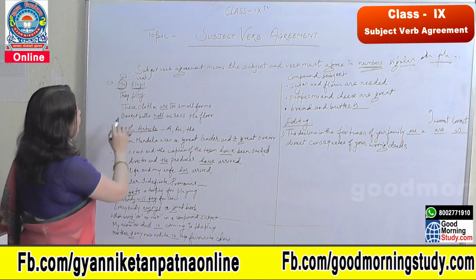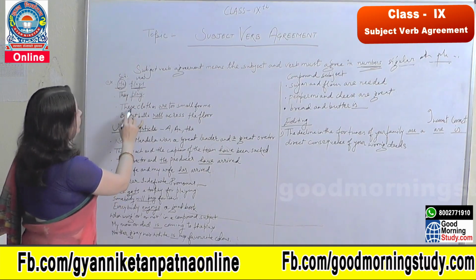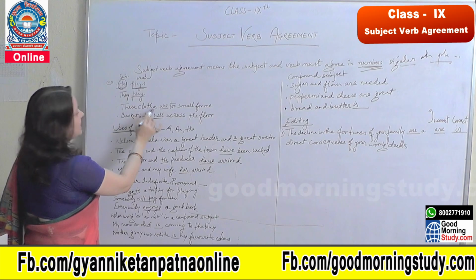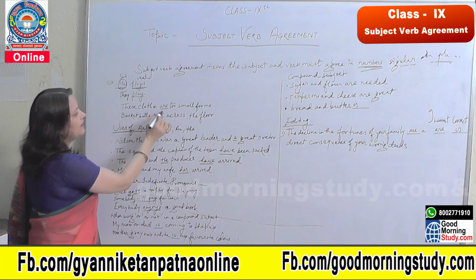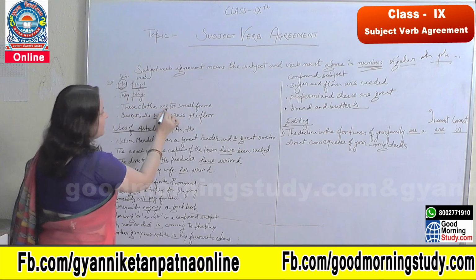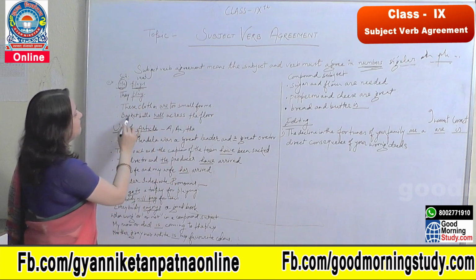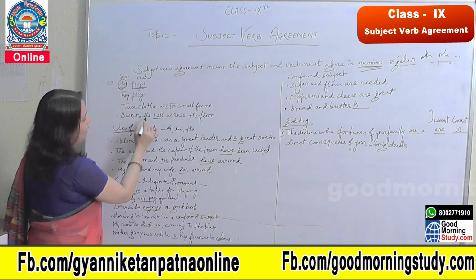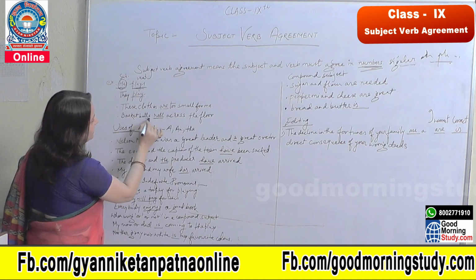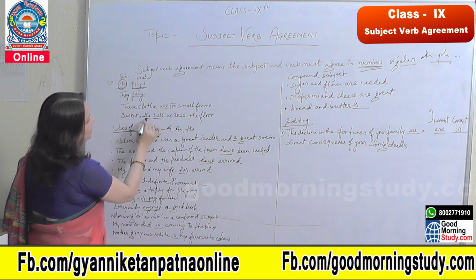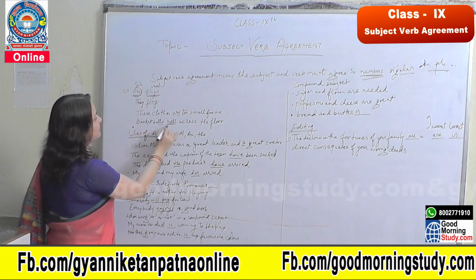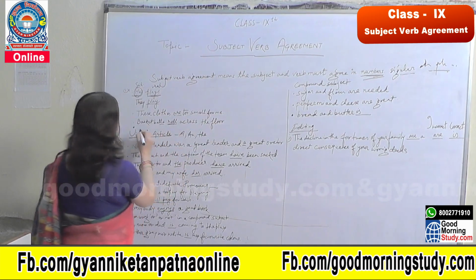Like this example I have given, let us look at another example. These clothes refers to plural. So here the helping verb will go: are too small for me. Basketballs is plural, with the s here. So basketballs roll across the floor.